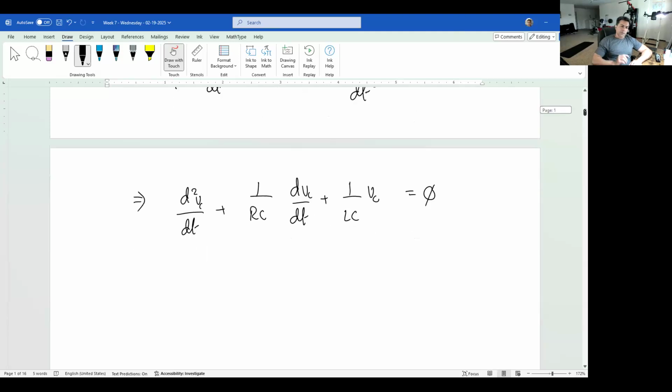Now, from RC circuits, we know that the natural response of capacitor voltage looks like what? Anyone can answer that question.